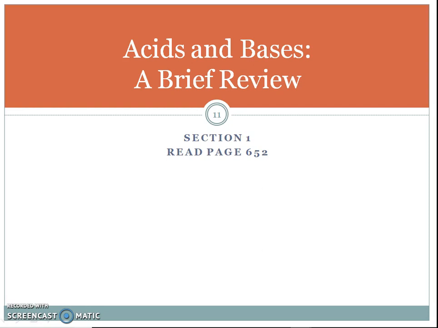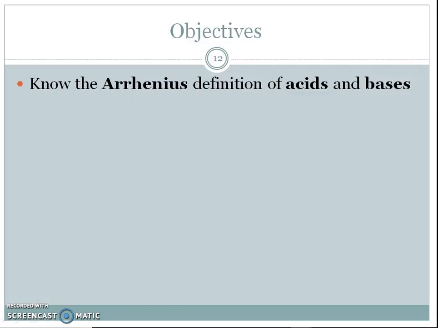So in section 1, we're just going to talk about acids and bases as a brief review. So your objective is to understand an Arrhenius definition of an acid or a base. Now, there are going to be 3 different labels of acids and bases: the Arrhenius acid and base, the Bronsted-Lowry acid and base, and the Lewis acid and base.